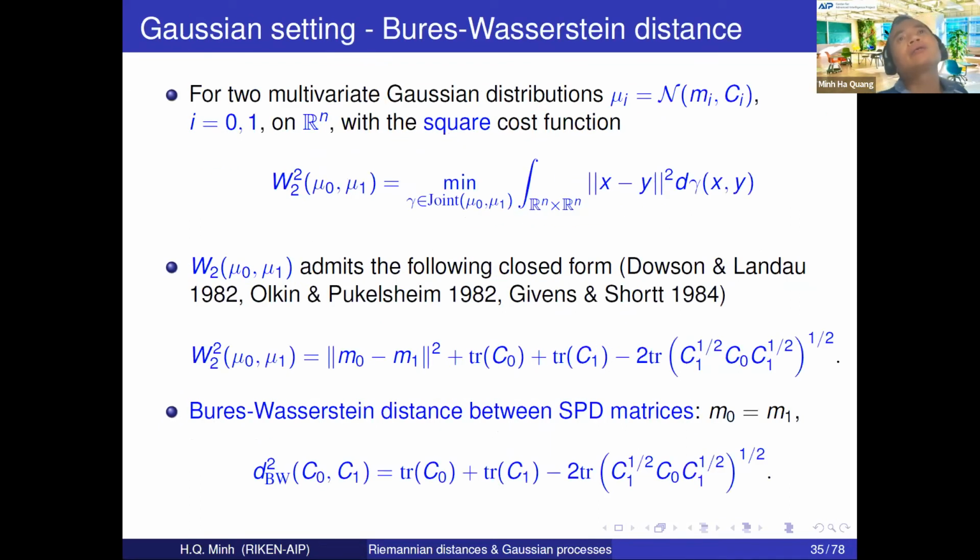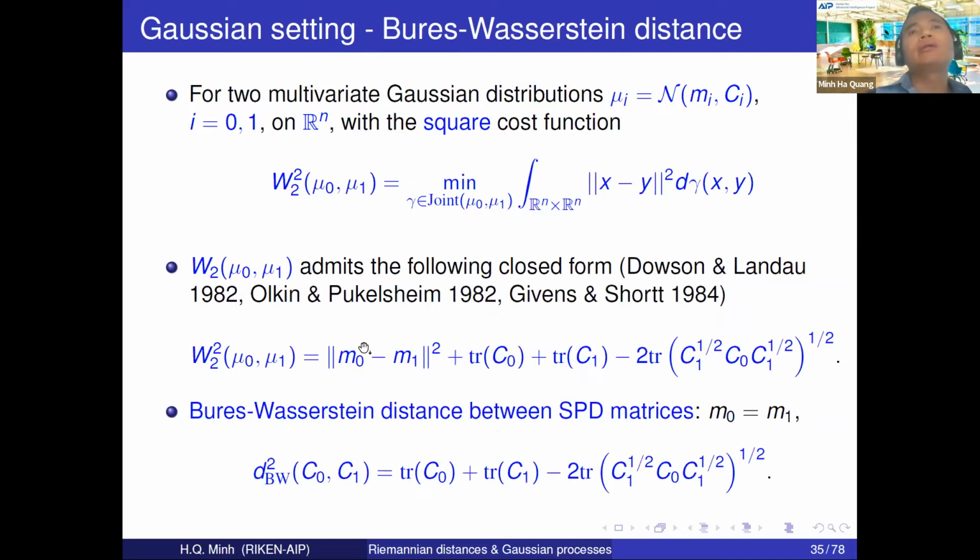Now in the Gaussian setting, it's actually quite nice because let's consider two Gaussian measures on R^n with means m1, m2 and covariances C1, C2, and the square cost function. We can compute the Gaussian formula for this 2-Wasserstein distance. It was worked out by various authors a long time ago.